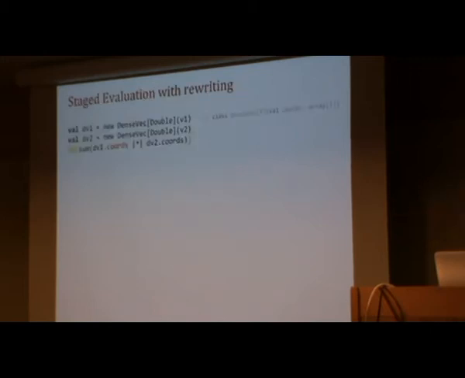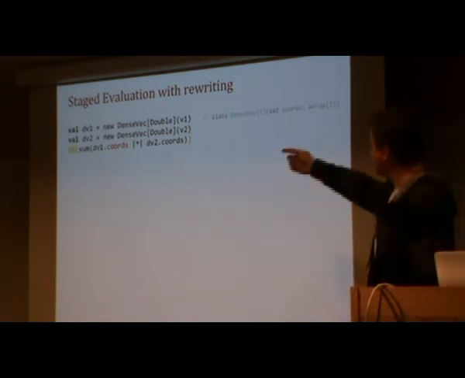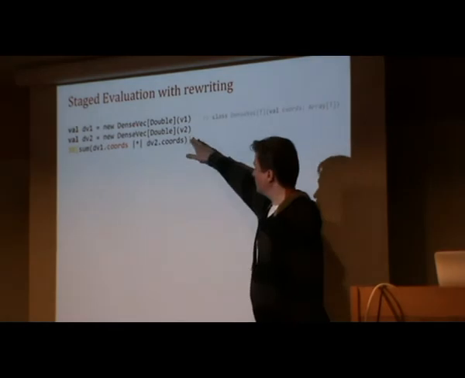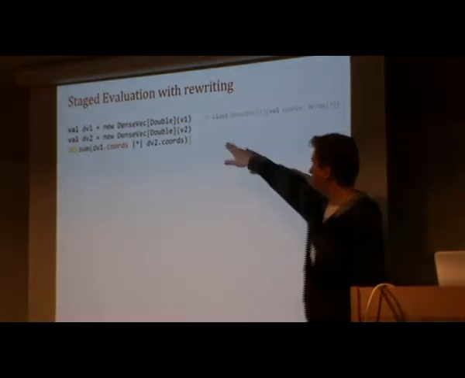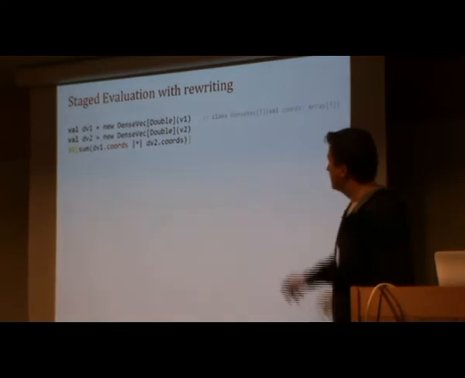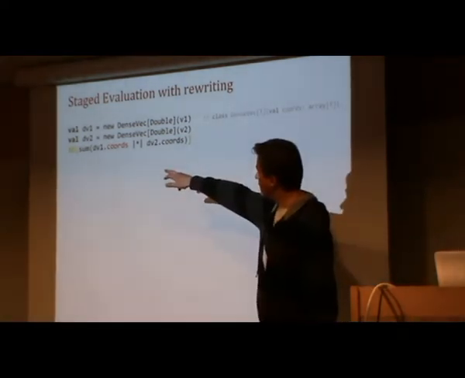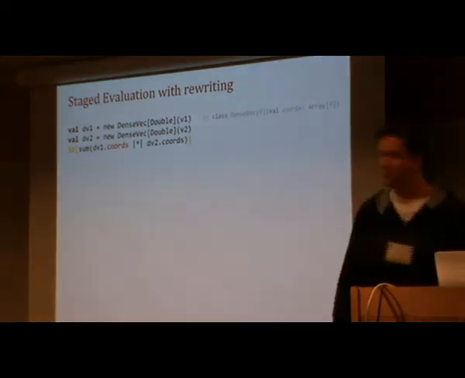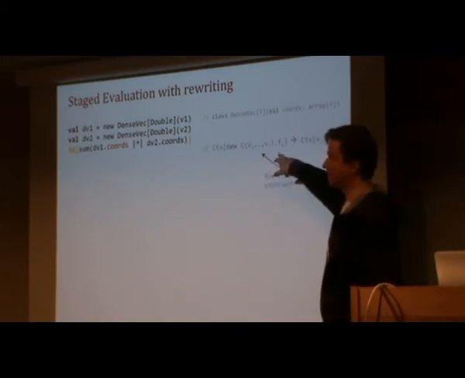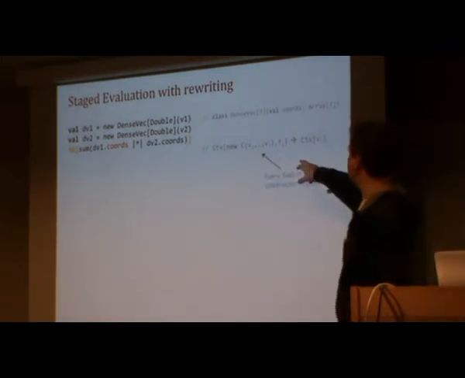So how does this work? If we have, for example, definitions like two vectors which are dense, and these two vectors wrap v1, v2, which is an array. This is the definition of a dense vector. Then we can apply staged evaluation for this particular term. And what's going on here is that we have rules according to the semantics of an object-oriented language.